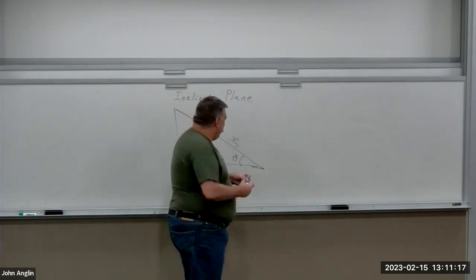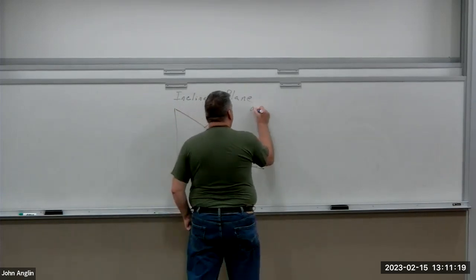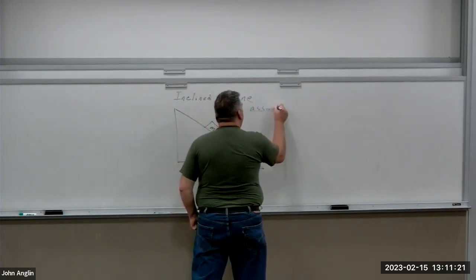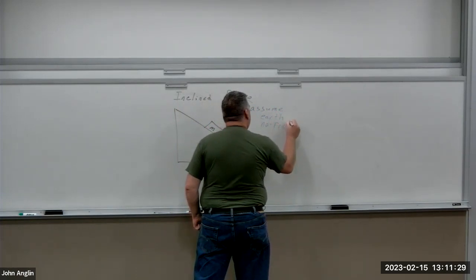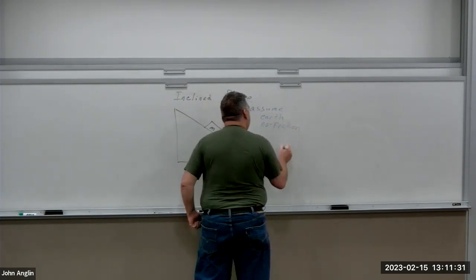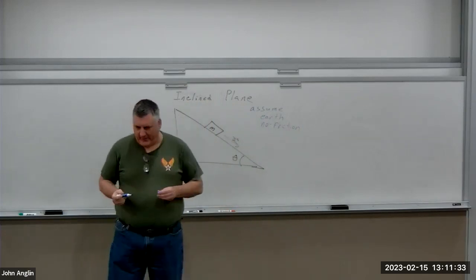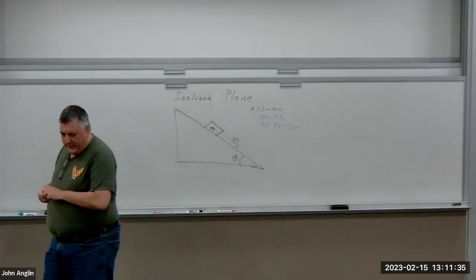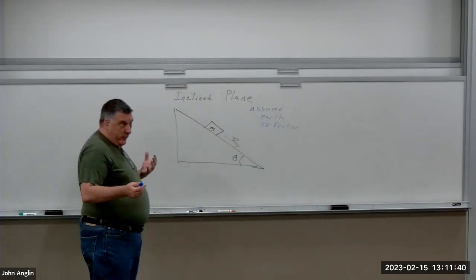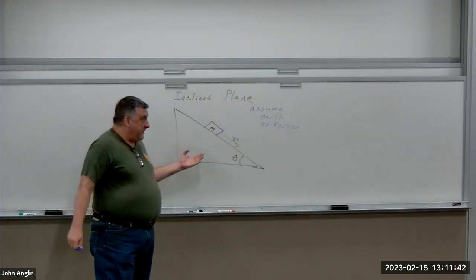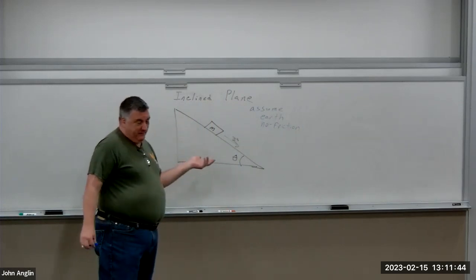I'm going to make some assumptions. We're going to assume that we're on Earth, and we're going to assume that there is no friction. In other words, there's nothing preventing the box from sliding.